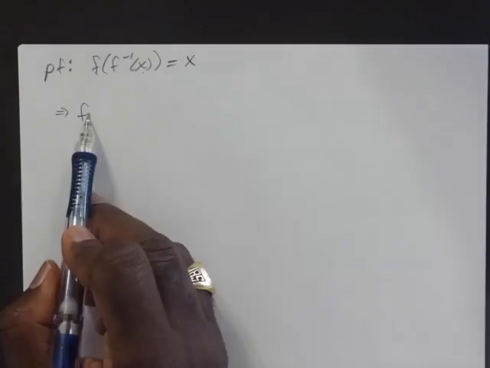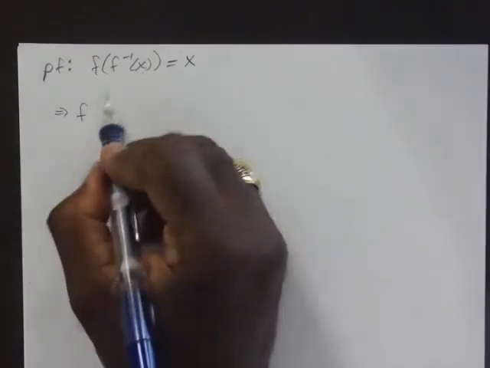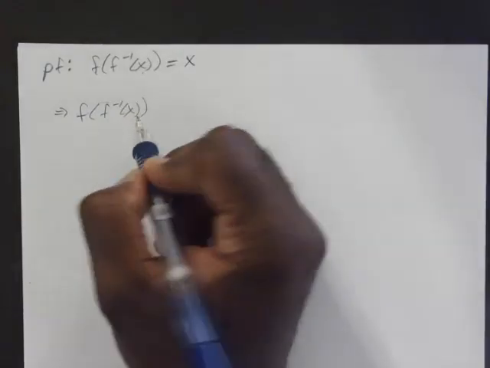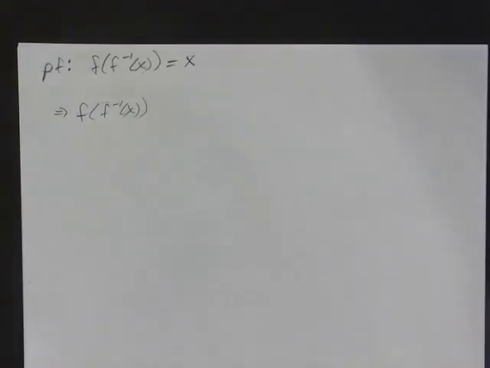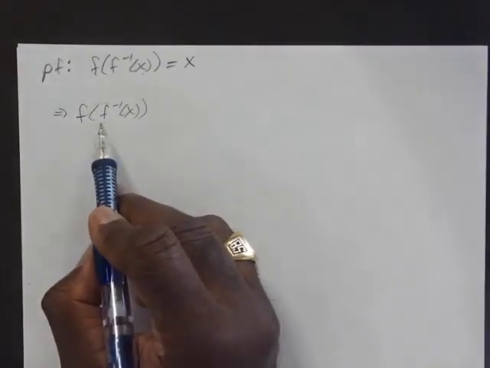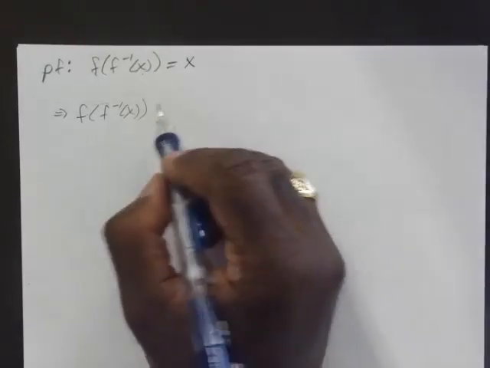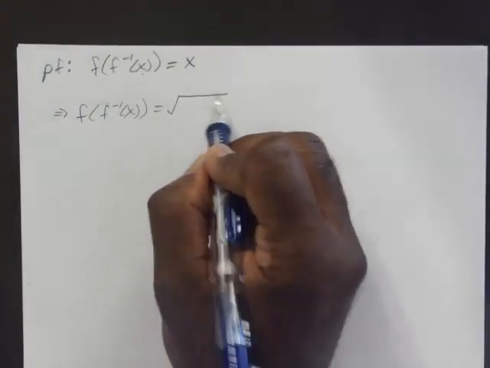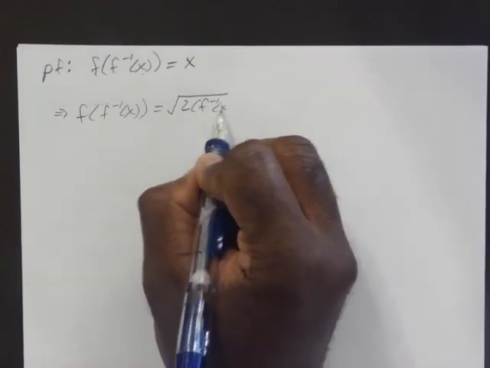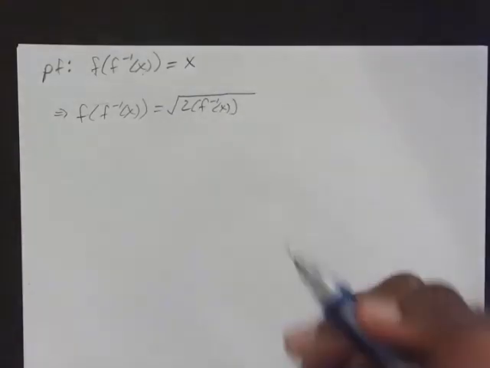Okay, so if we take the function f of our f inverse of x, well, we know that our f of x was the square root of 2x minus 3. So if we replace the x with f inverse, that's the square root of 2 times the f inverse of x minus 3.